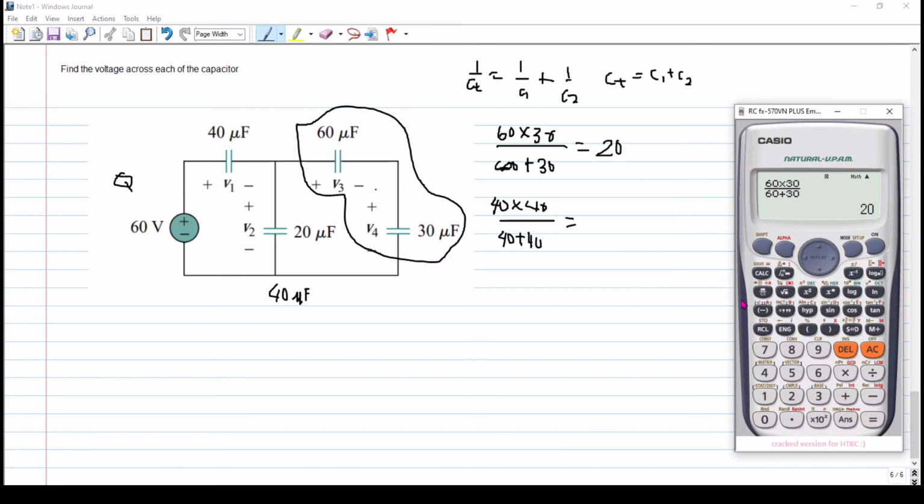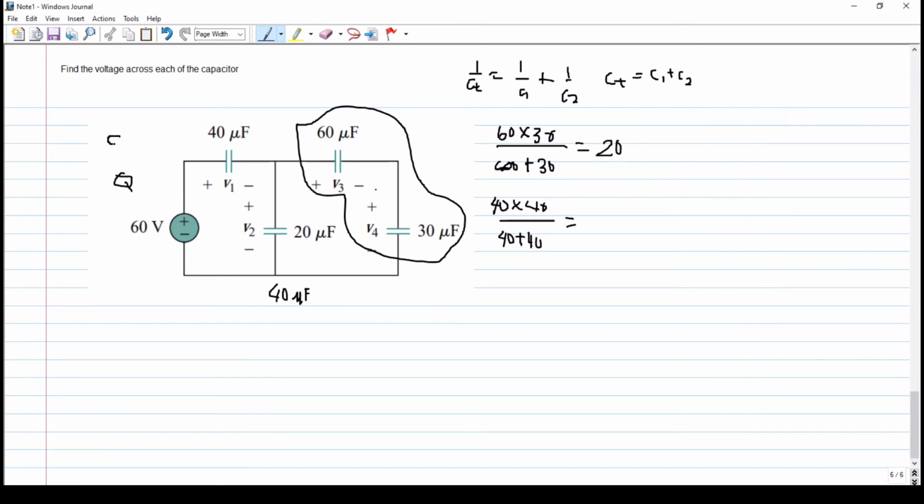So calculate. Again, that is equivalent of 20. Capacitance total is 20 microfarad.